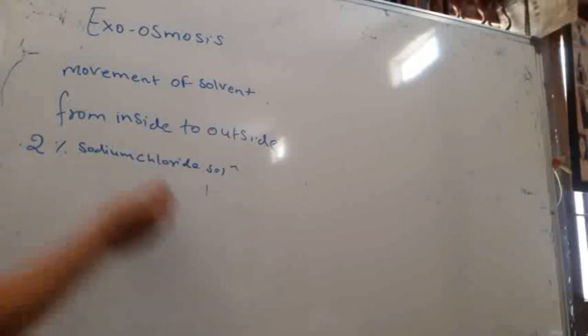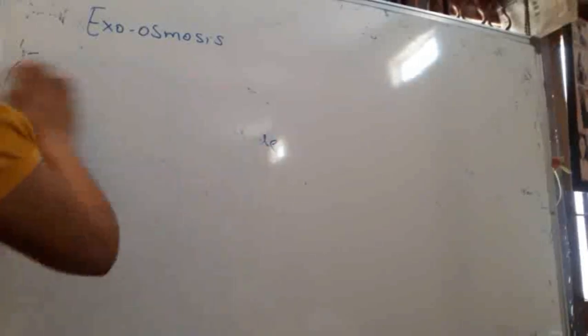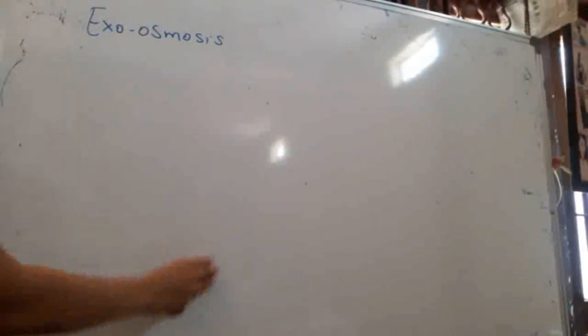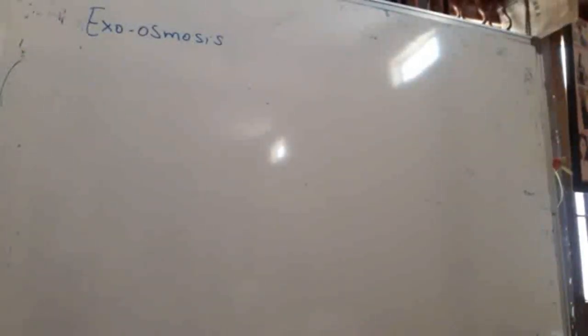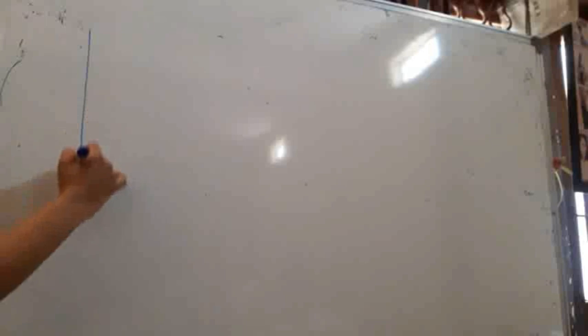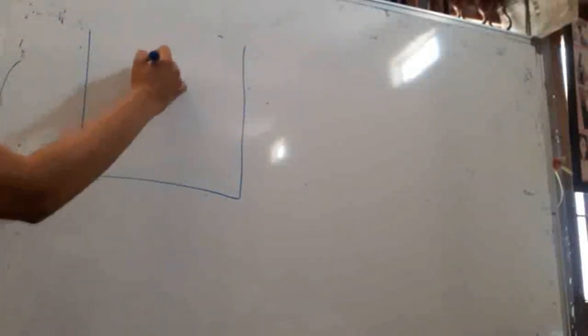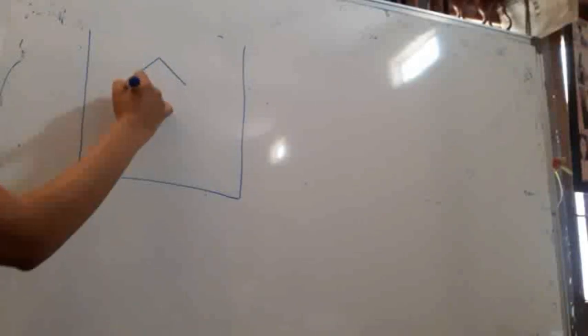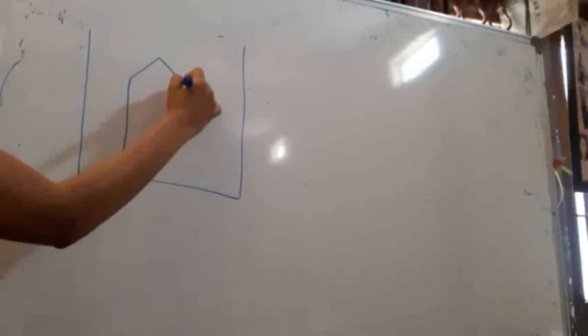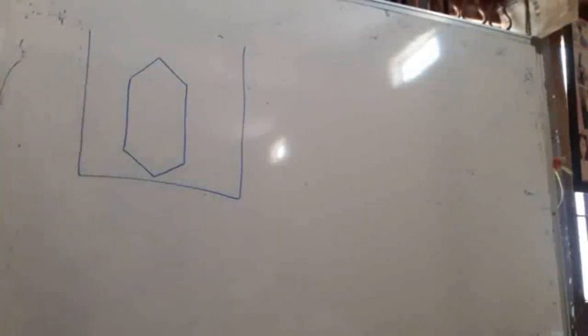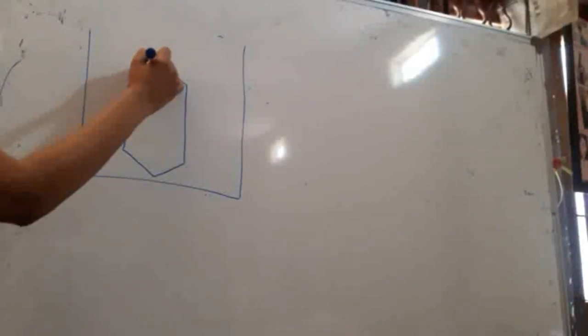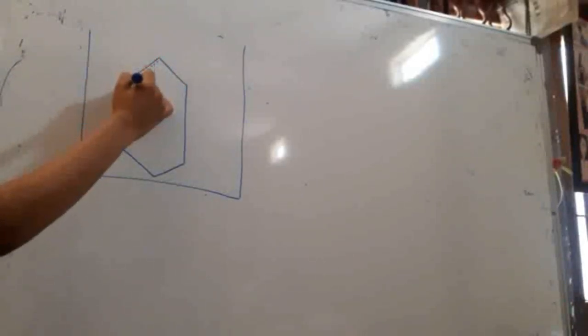Let us see through an example. As I said, this phenomenon can also be seen in a plant cell. So let us take a plant cell inside a beaker. A plant cell consists of a cell wall. This is the cell wall. Inside the cell wall there is the plasma membrane.